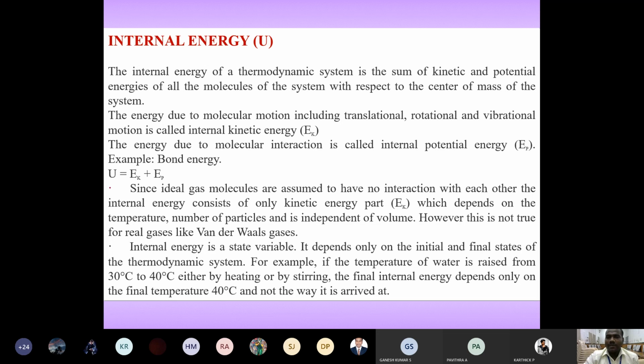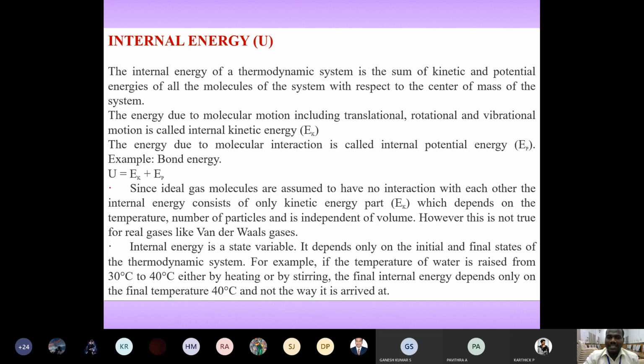As we know, the molecules inside the gas will try to impinge the walls of the cylinder, walls of the system, right? So due to that impinging, there will be an internal potential energy. Due to the translational, rotational and vibrational motion of the molecules, there will be a kinetic energy.